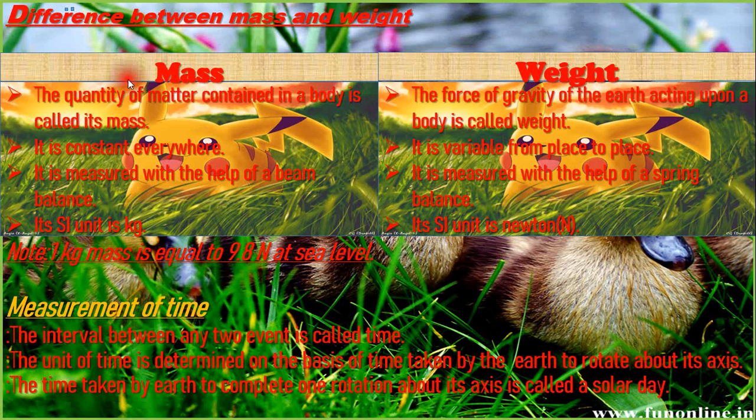So now let's focus on the differences between these two things. The quantity of matter contained in a body is called mass. It means the amount of matter which is present in a body is called its mass. But the weight is the force of gravity of the earth acting upon a body.